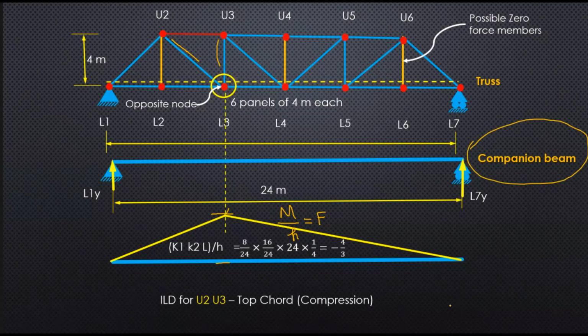It also gives me a feel. I'm going to ask you, what is the pattern that you are seeing? For an upper chord member, on the opposite joint, the opposite node, I draw the bending moment diagram and divide by the lever arm, which is the height at that point, 4 meters, and you will find the member force. So the force in the member has something to do with the bending moment.